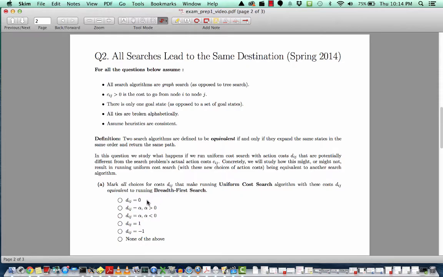In this first case, where dij equals 0, uniform cost search is always going to expand nodes by tie-breaking because the cumulative cost is always going to be 0 regardless of the path.